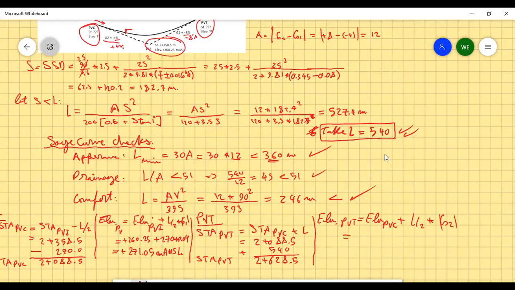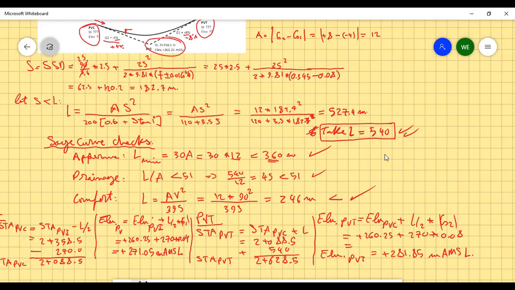So here we'll have plus 260.25 plus 270, that's L over 2 multiply 0.08. So the elevation for the BVT equals 280 plus 281.85 meters above mean sea level.